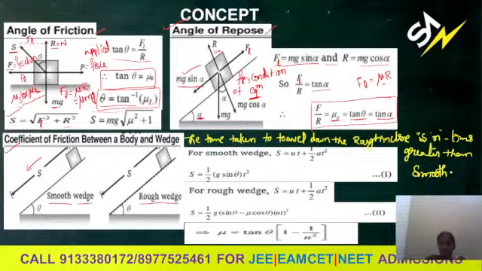For the smooth incline, the time is t. On the rough surface, the time taken is n times greater, meaning n into t. Now let us see.